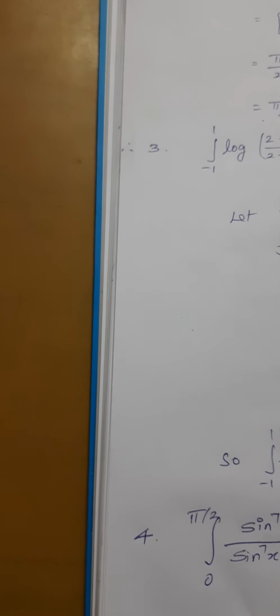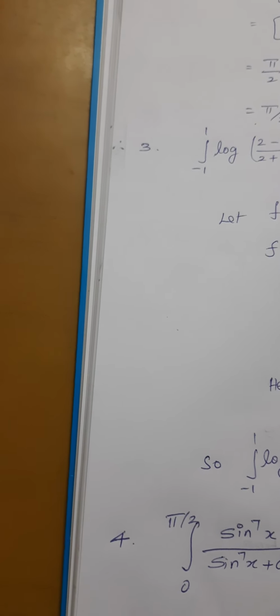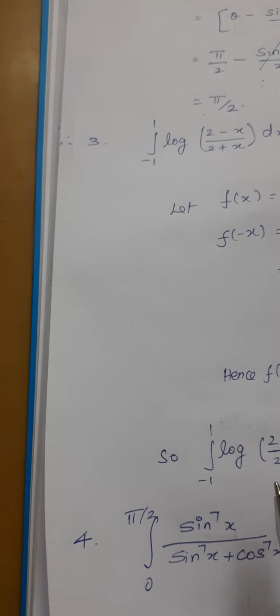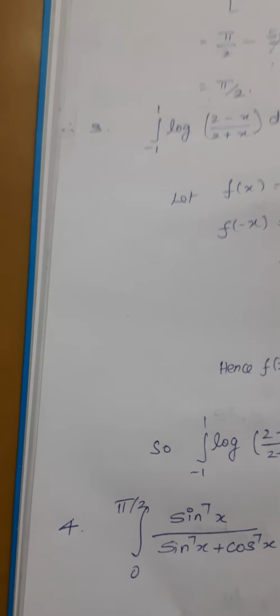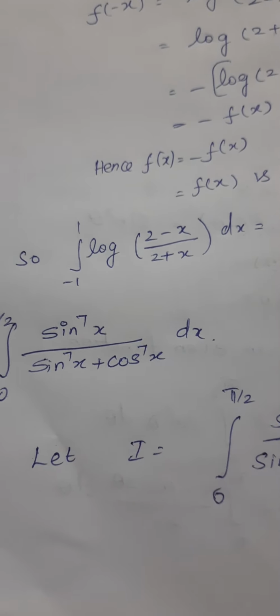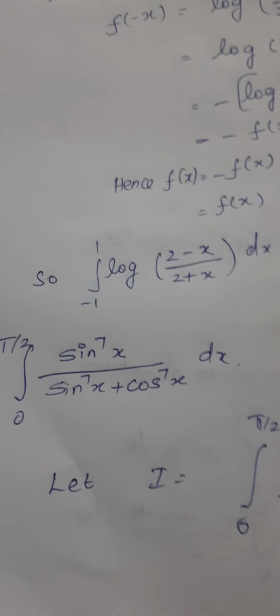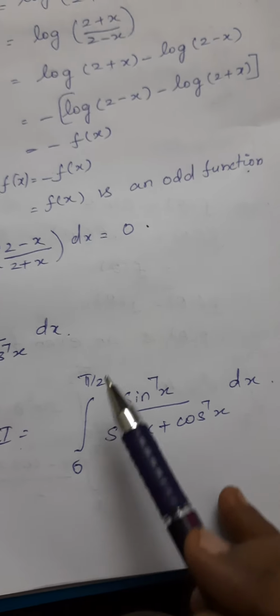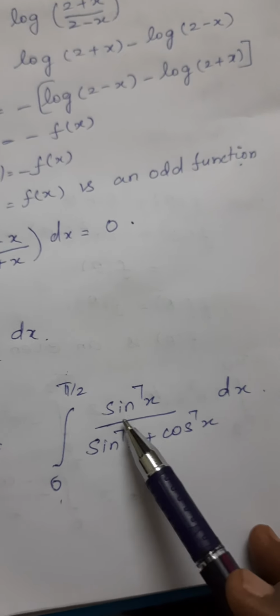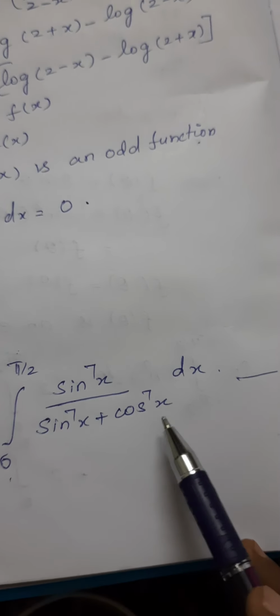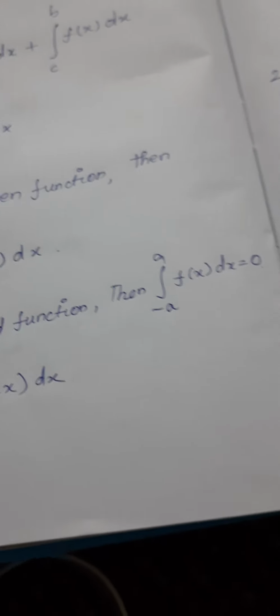So let us take this as I is equal to integral 0 to pi by 2 sin power 7x by sin power 7x plus cos power 7x dx.